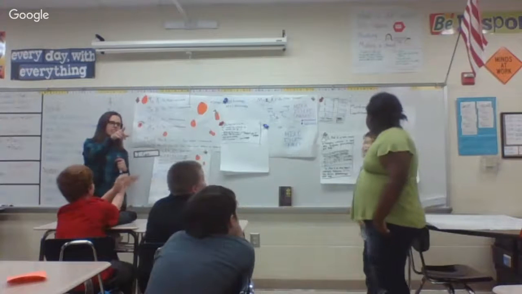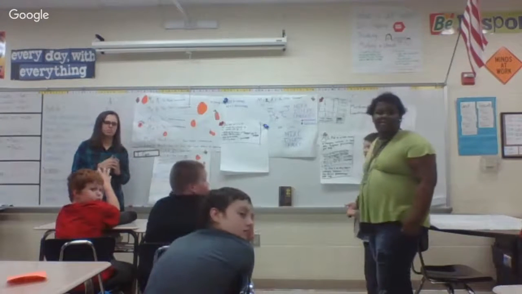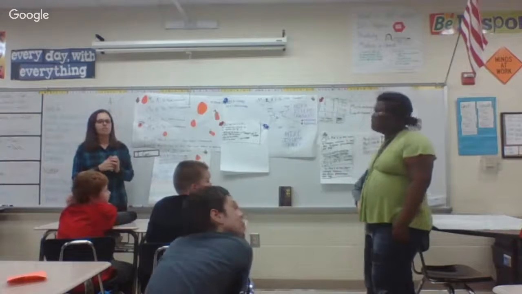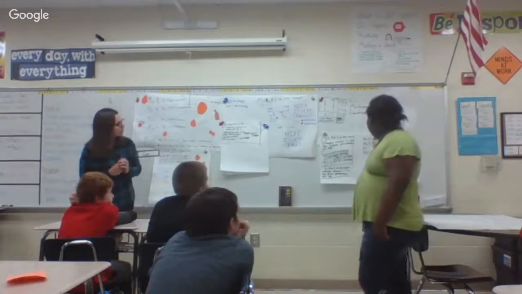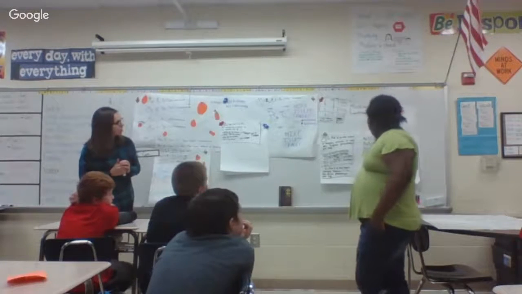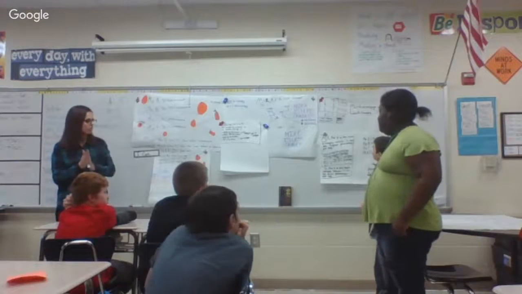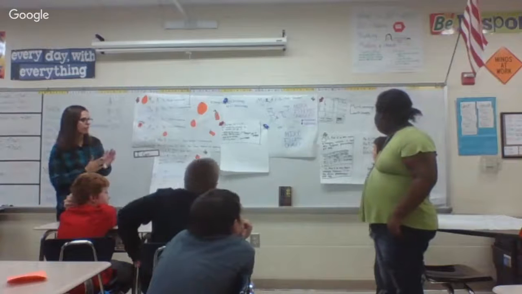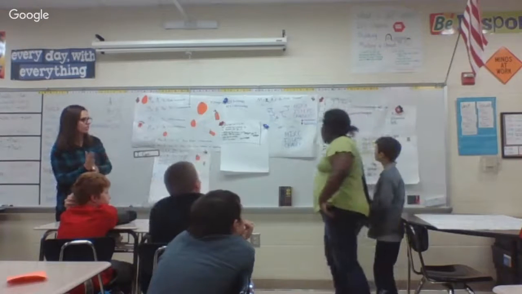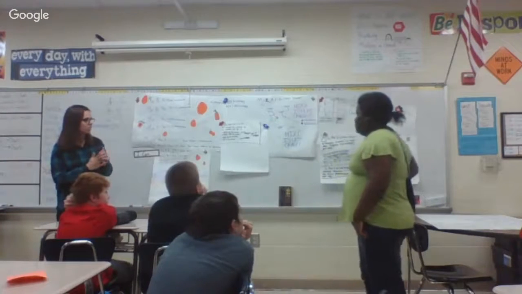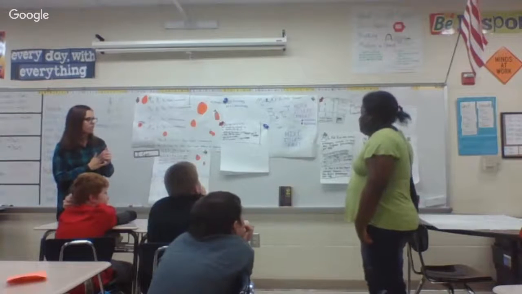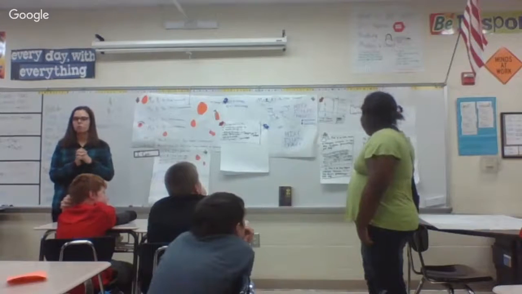All right, Isaiah has a question. How did you get C? Well, I got C because it had the most concentrate. And how does your table show that? Okay, what do you guys think?